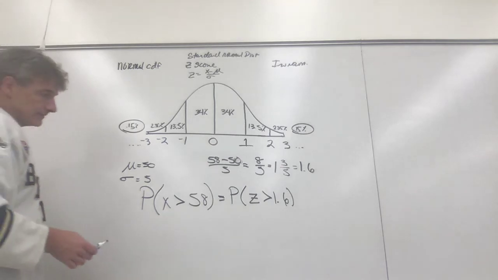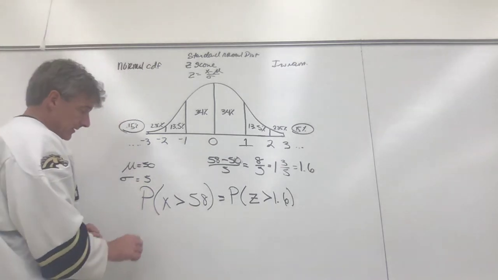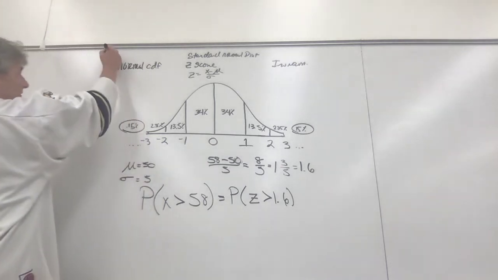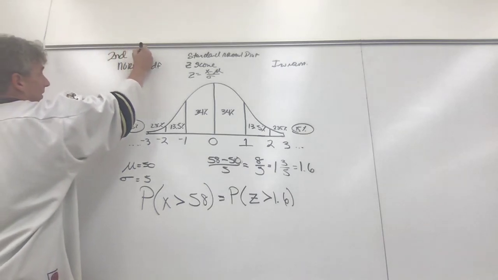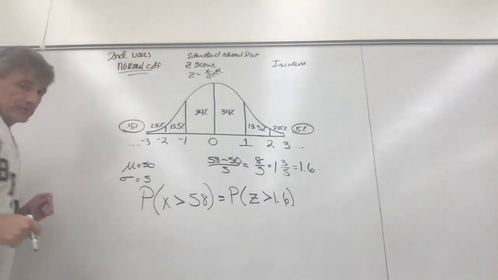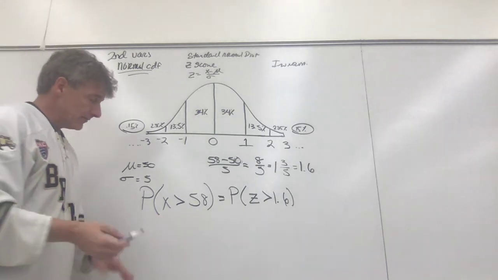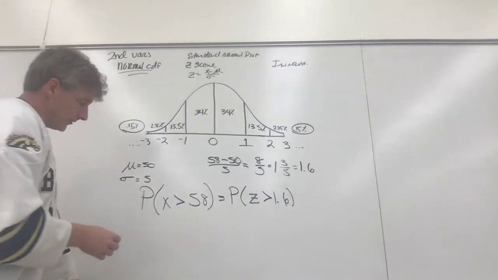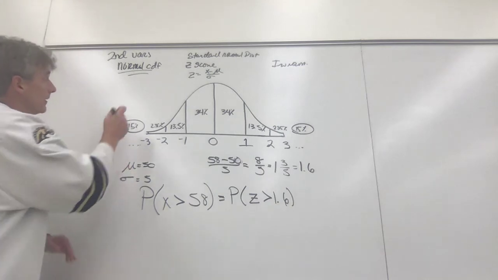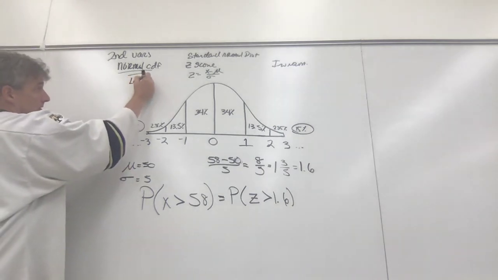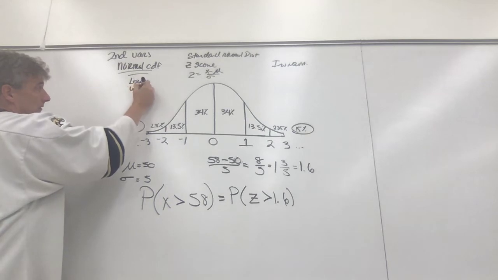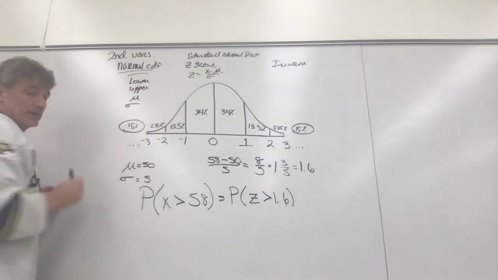All right, now, 2 ways to do this. Either way, you're going to hit the second key and then find the vars key, and you're going to see normal CDF. If you have a more modern version of the TI-84, it's going to say, right below it, lower, then upper, then mean, then standard deviation.